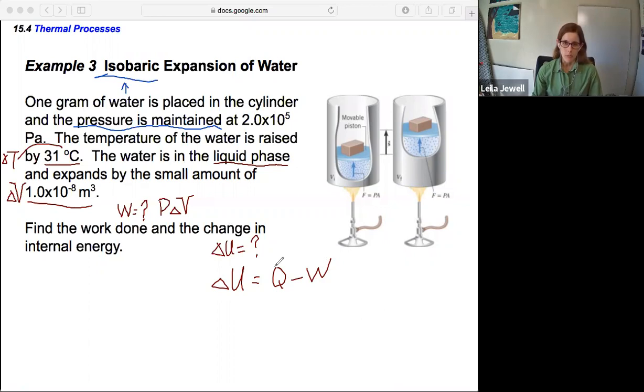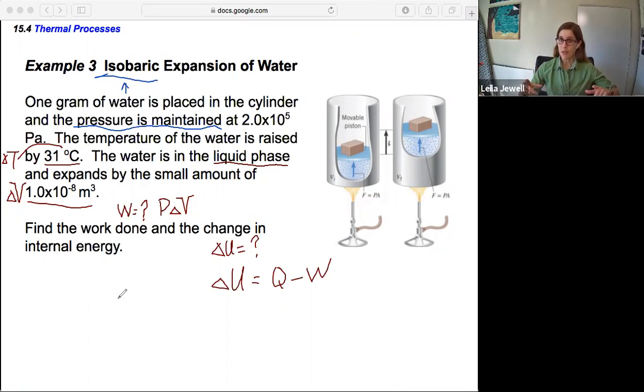What about Q? Does it tell us the heat? Notice it doesn't directly tell us the heat here. It does give us the change in temperature. So if our liquid water is changing temperature, how much heat is going into it?